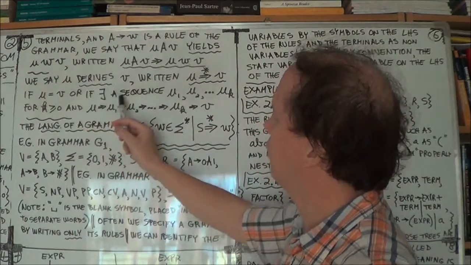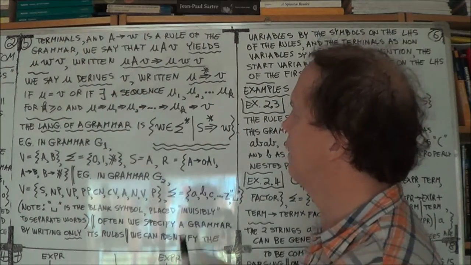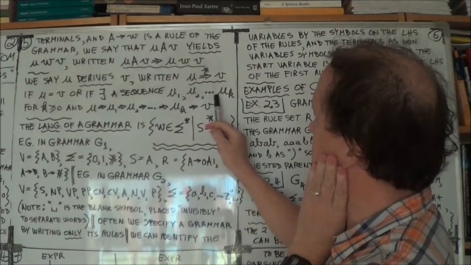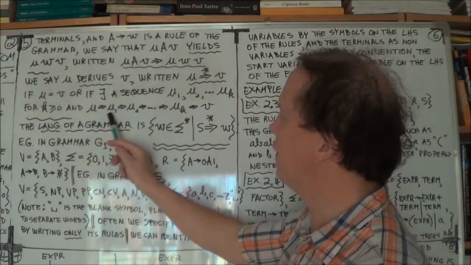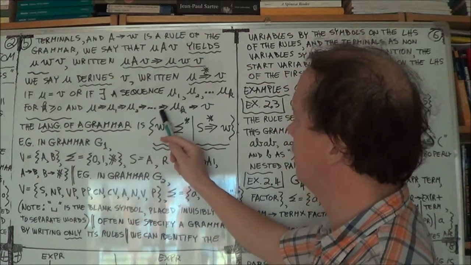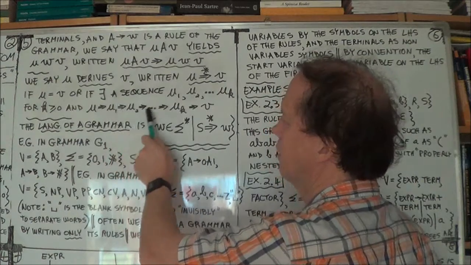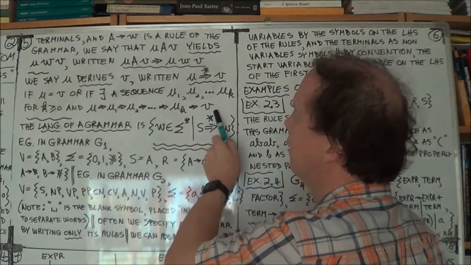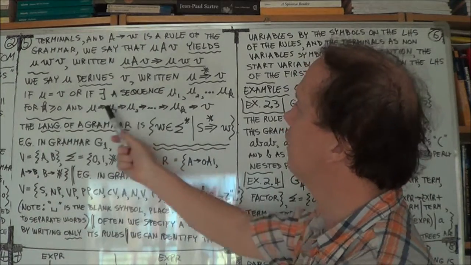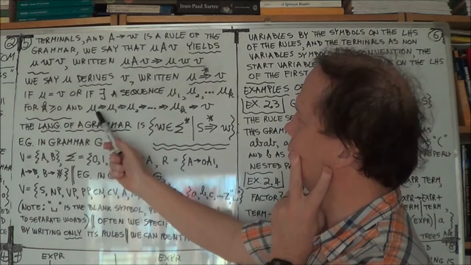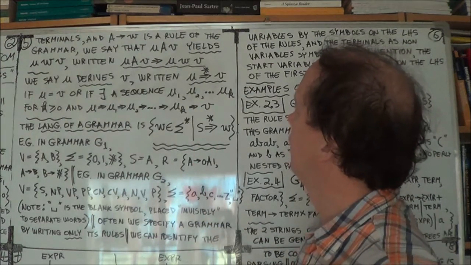Or if there's a sequence of other strings between U and V, for example U1, U2, ... UK, so that U yields U1 and U1 yields U2 and so on, yields UK, which yields V, then you say that U derives V. This would then be your derivation of V from U, or, with the emphasis the other way around, you say that U derives V.